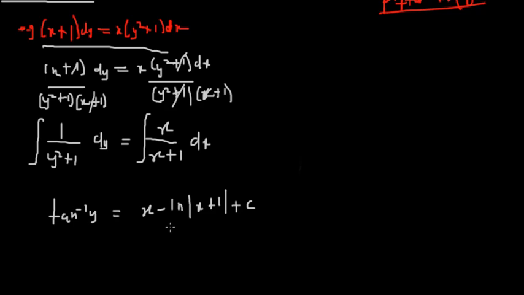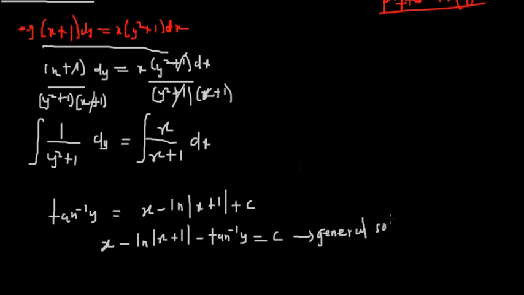By rearranging, we can write x minus ln(x plus 1), minus, we are bringing the tan inverse of y over here, so minus tan inverse of y, equals c. So note that you've been able to write this in the general form. These are general solutions.